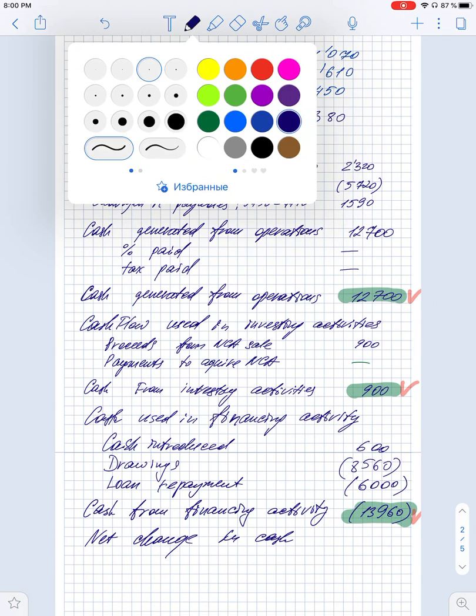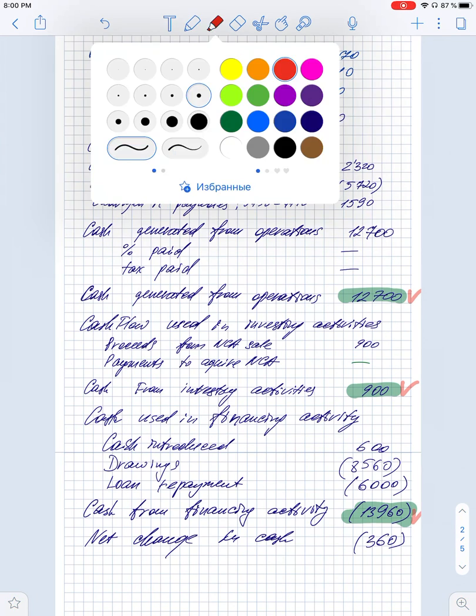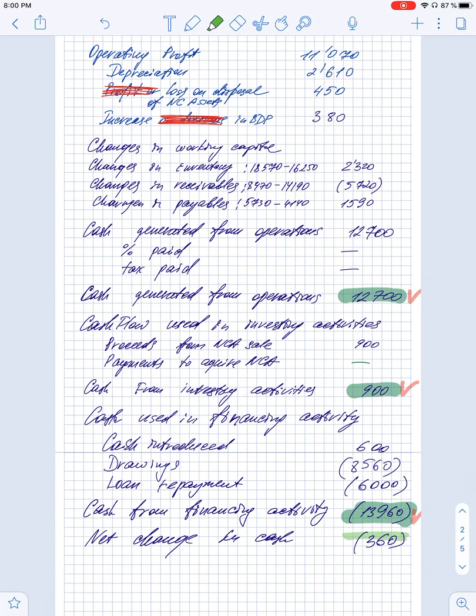And if we sum up all those sections, we will receive net change in cash with a minus sign, a negative change, 360. This is the final line of the cash flow statement.